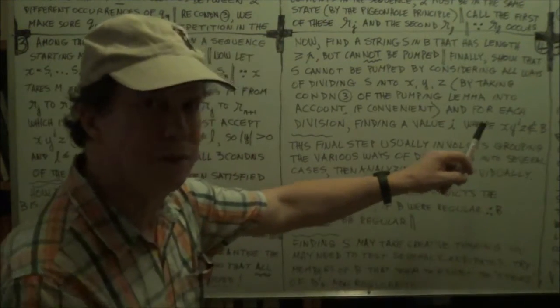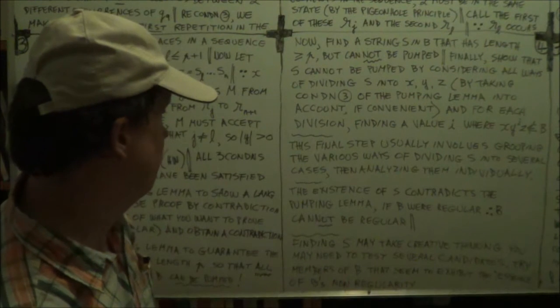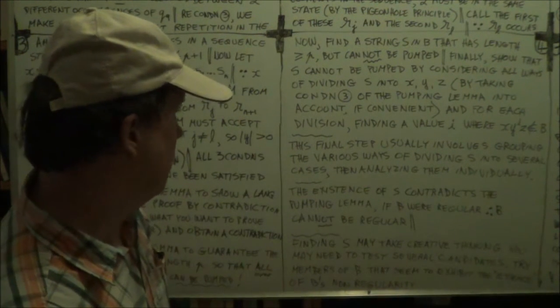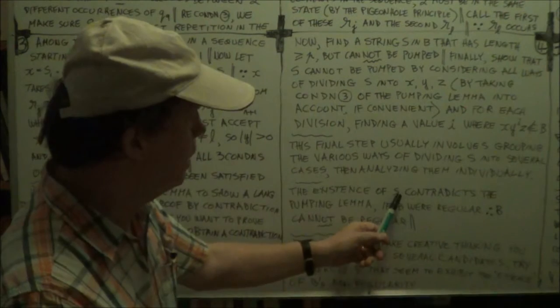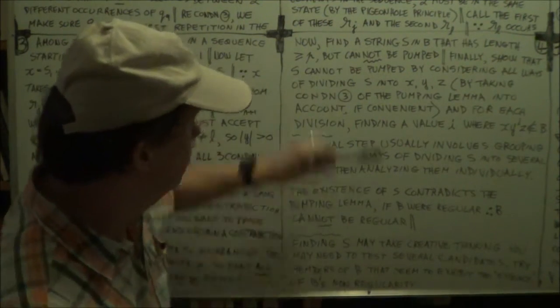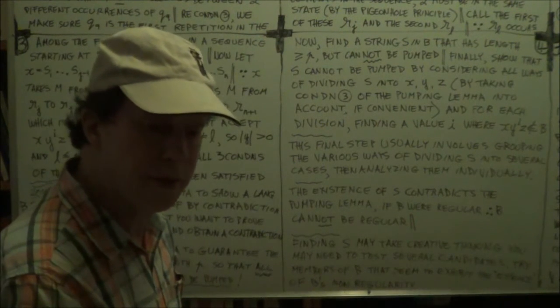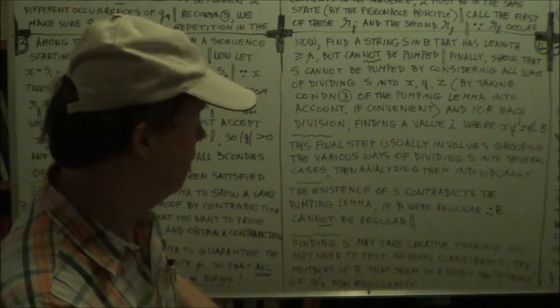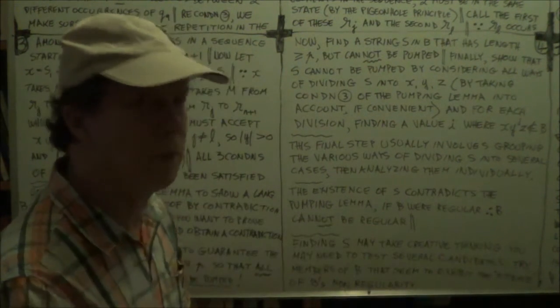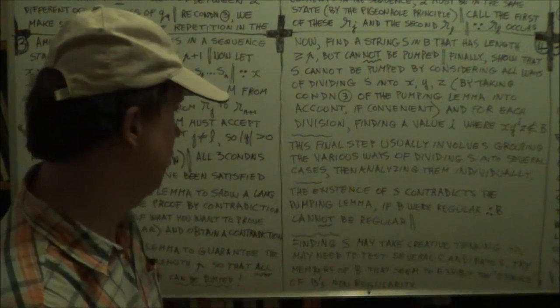Like I say, that will become clearer as we actually do examples. So if you can find an s whose length is greater or equal to the pumping length, and you can show by doing all these cases that s cannot be pumped, you found yourself a counterexample, and therefore, by proof by contradiction, your language B cannot be regular.